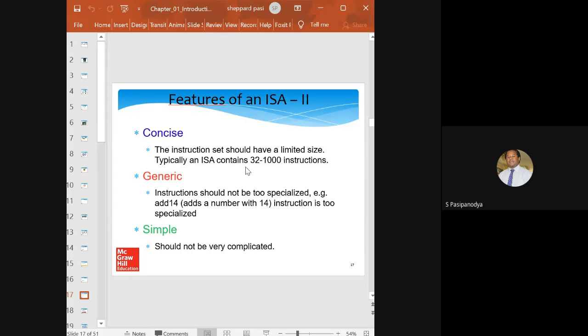Second characteristic is that it needs to be concise. When we're talking about conciseness of instruction set architectures, we're saying the instruction set should have a limited size and should not be bulky. Bulky instructions are instructions that exceed a 1000 count limit.